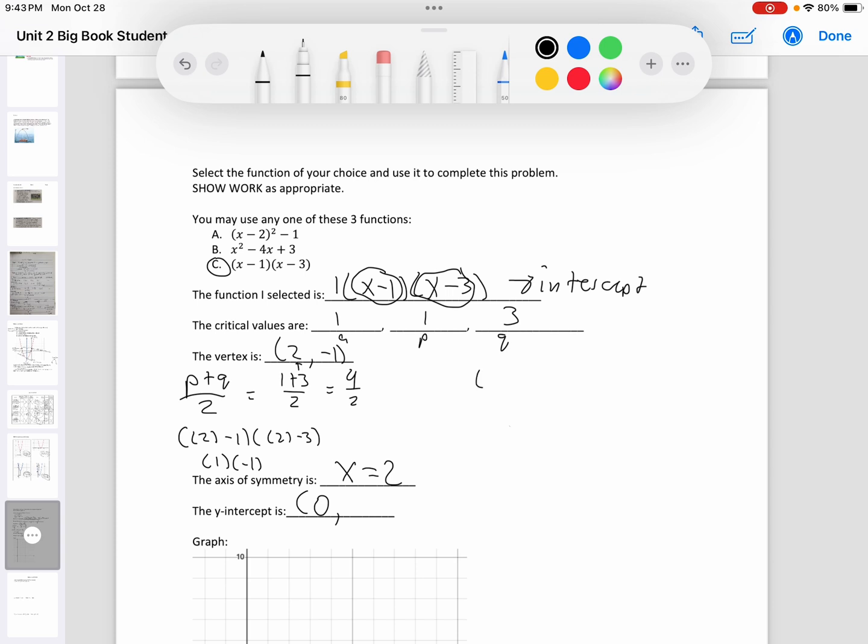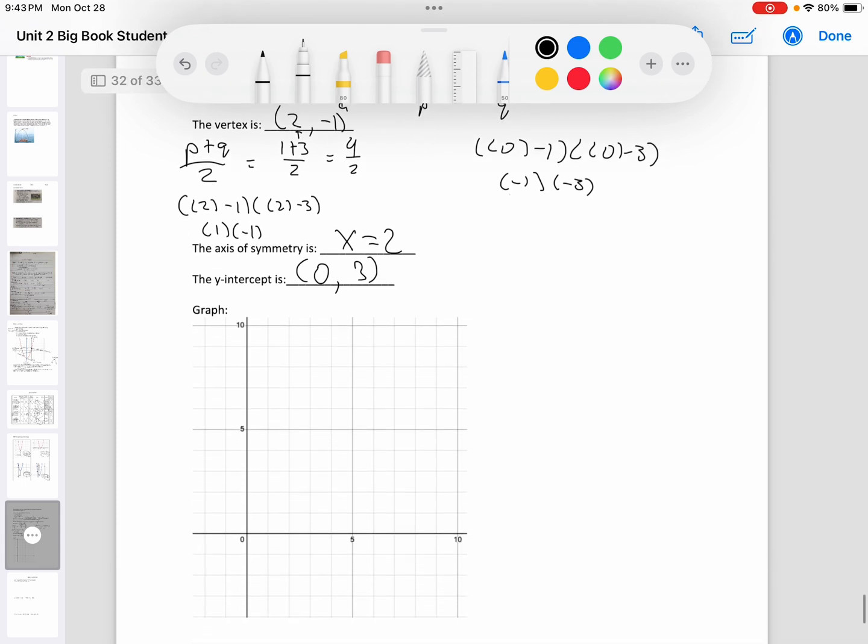So we have (0 - 1)(0 - 3). 0 minus 1 is -1. 0 minus 3 is -3. -1 times -3 is +3. So the y-intercept is (0, 3). Once again, the vertex at (2, -1), axis of symmetry at x = 2, y-intercept at (0, 3). And we draw the curve that goes through those points.